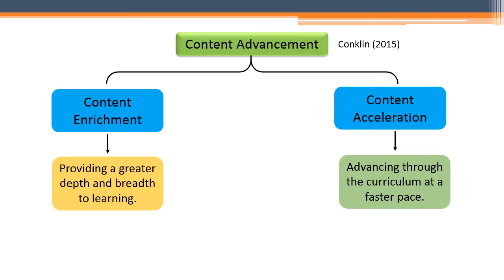Okay? So that describes how content acceleration occurs in the curriculum of children with gifts and talents. So these are the two ways on how we advance the content, either content enrichment or content acceleration.